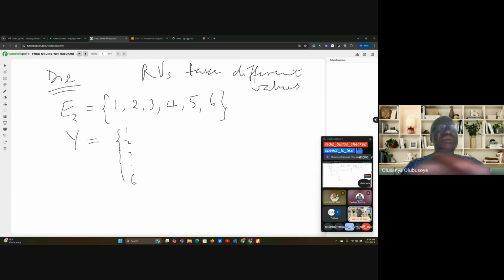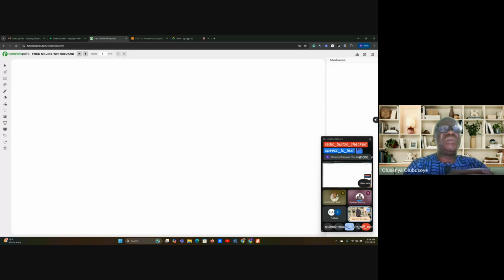But when you have a random variable and we define the random variable, like in this case, let's go back to the coin. So in that experiment of tossing a coin once, the possible outcomes could be head or tail.